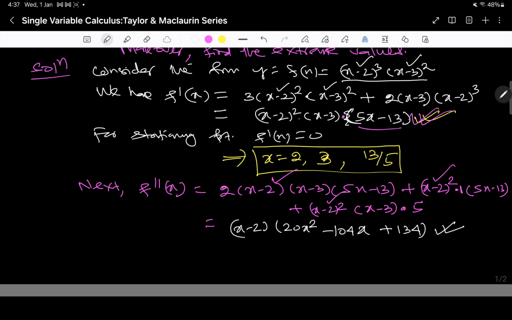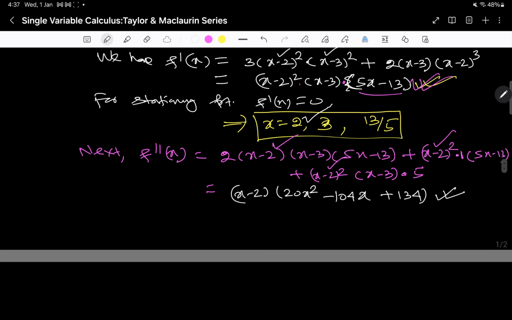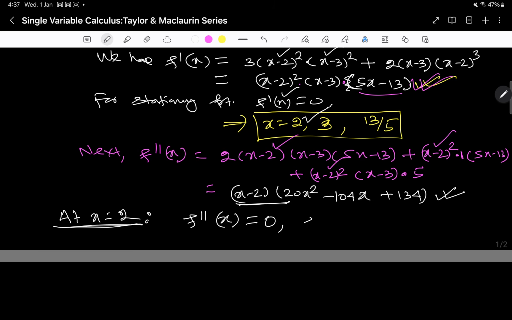Now let us test at x equal to 2. What is the nature of the function? At individual stationary point we go for the test. At x equal to 2, here f dash x is equal to 0. Here you see x equal to 2 is a factor. So here f dash 2 is 0, f double dash 2 is 0. So here we have to see what happens to f triple dash 2 at x equal to 2.